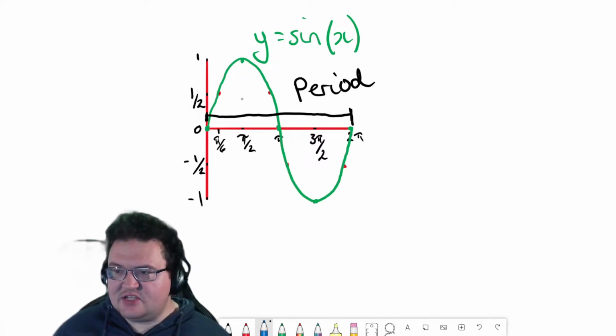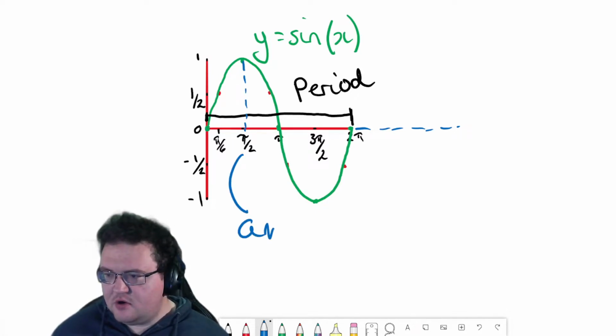The distance the graph goes from the center line to either its maximum or its minimum is called the amplitude. In this case, my center line is here, everything bounces around it.